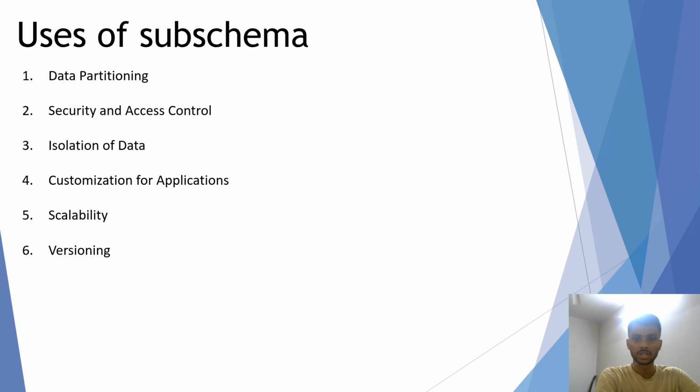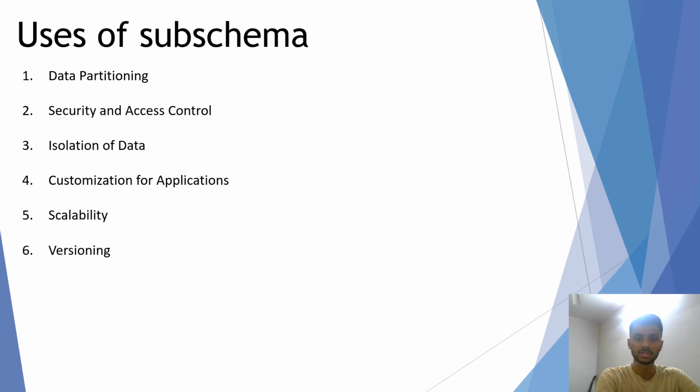Schemas contribute to security and access control by restricting access to a portion of the database, so users or applications can be granted access only to the subschema that contains relevant data for their operations. Isolation of data. Subschemas help in the isolation of data, particularly in multi-tenant, multi-application environments. Different entities can operate within their designated subschema without affecting the data set of other subschemas.